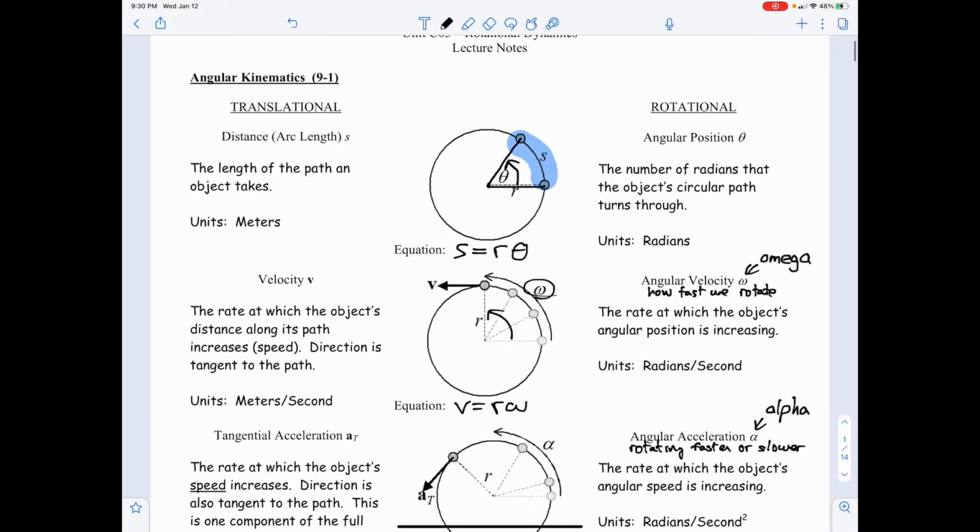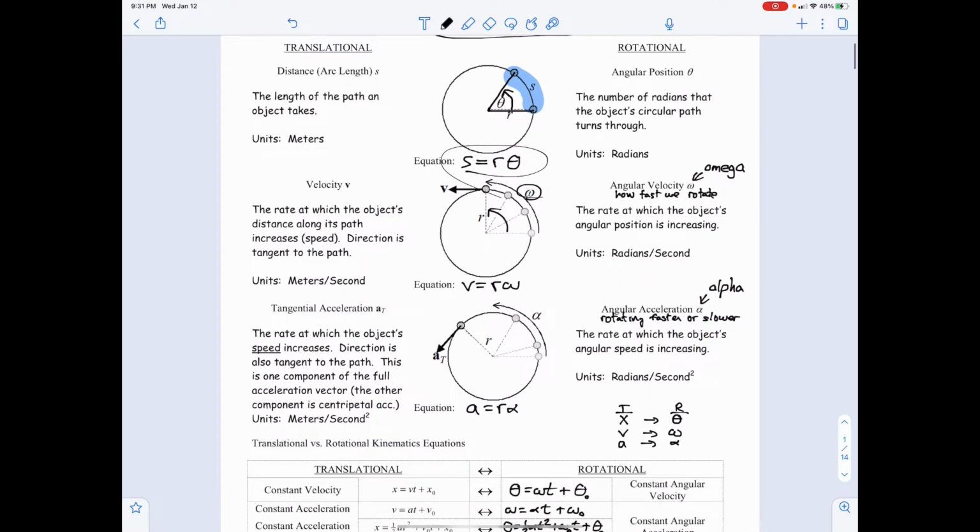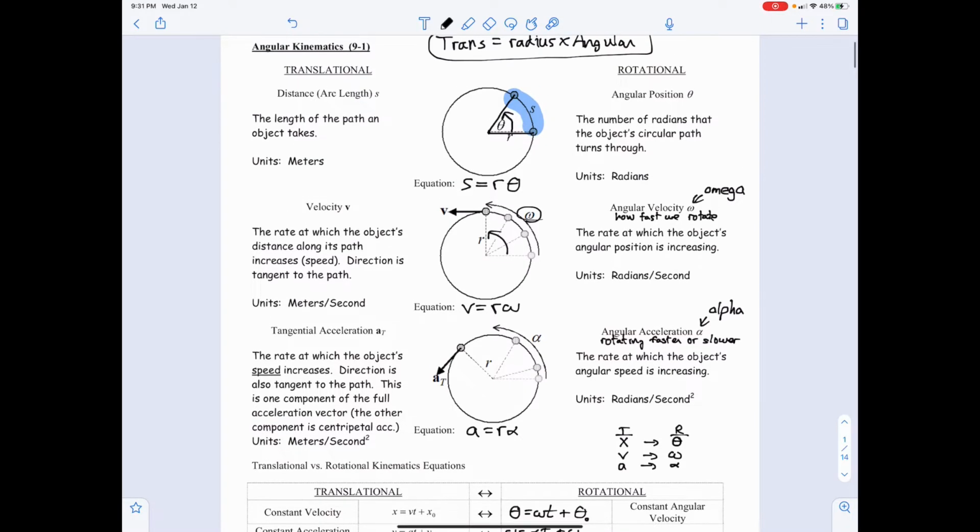And in a more generalized way of looking at this, it's the translational variable equals the radius times the angular variable. And that's kind of an easy way to memorize these equations right here. It's translational equals radius times rotational.